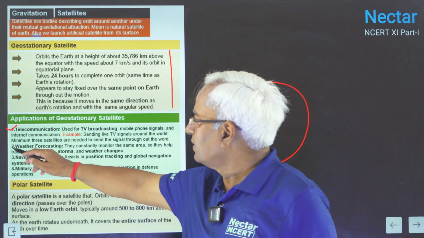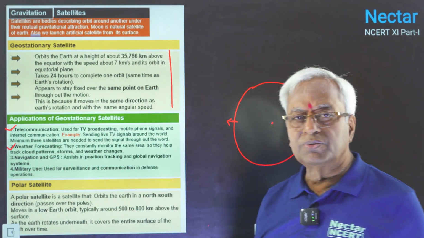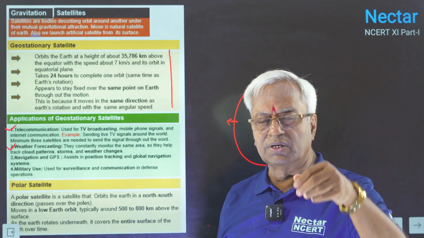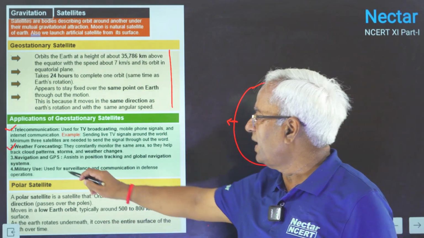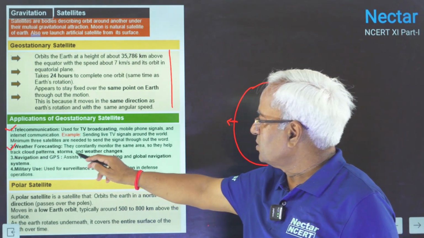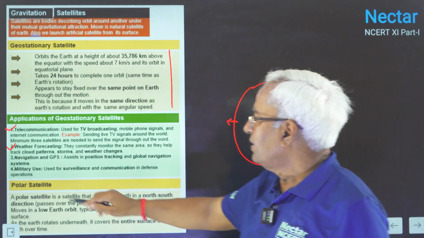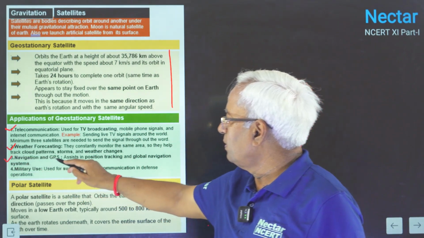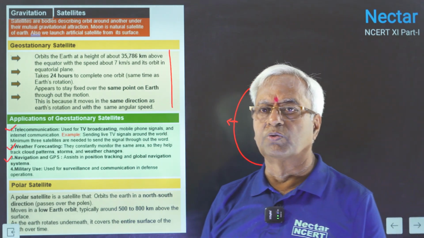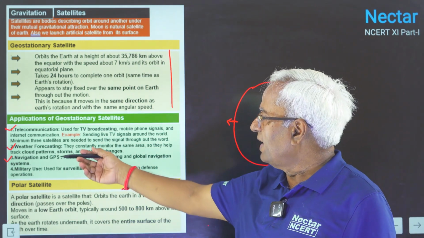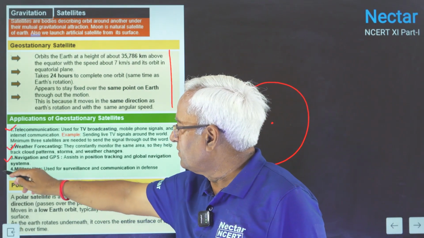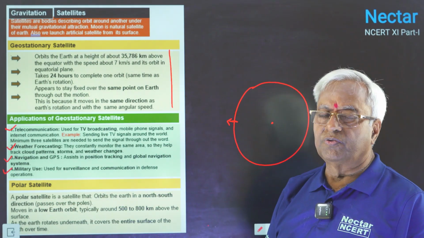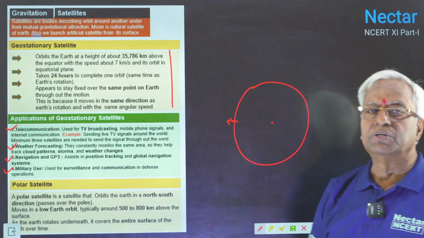Another use is weather forecasting, because they constantly monitor the given surface, so they are in a position to track the cloud pattern, storms and all that. Then navigation and global positioning system also find application of these satellites. Then in military purposes, we can use them for surveillance and communication.